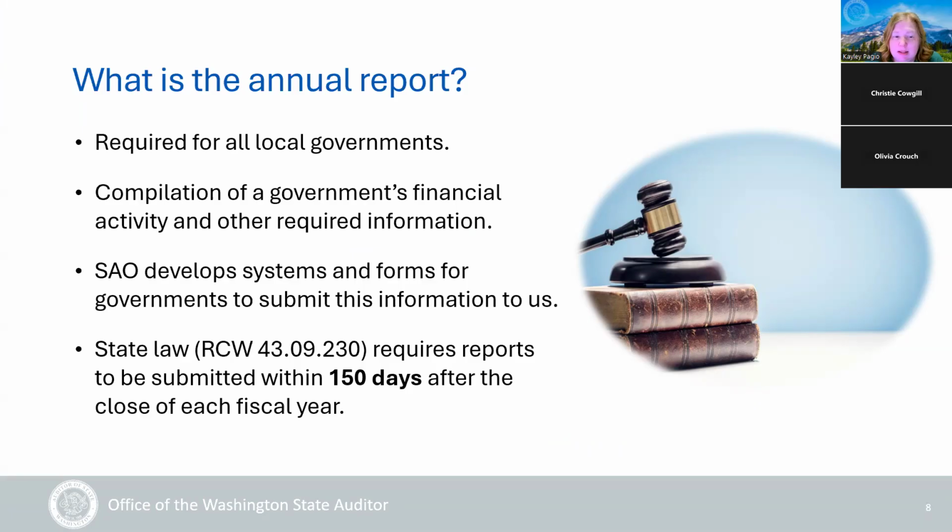In the most basic definition, the annual report is a compilation of a government's financial activity and other supporting documents, including information about how the government operated for the reporting year. We at the State Auditor's Office develop systems and forms for governments to submit this information to us. We really strive to make the process efficient and streamlined for those local governments.